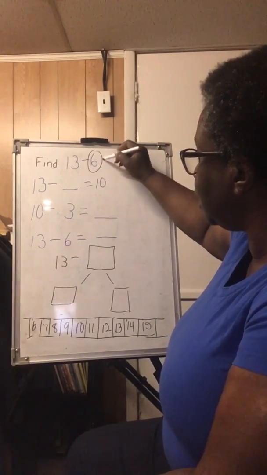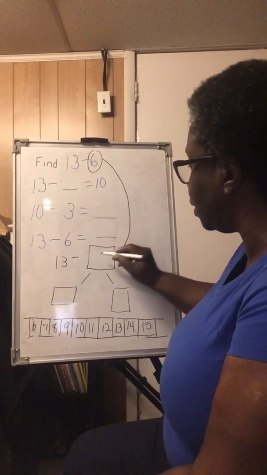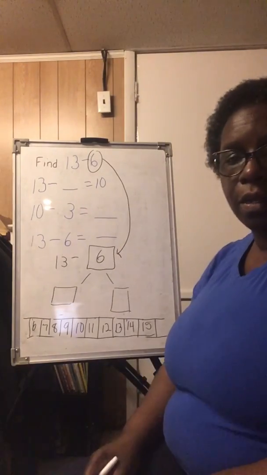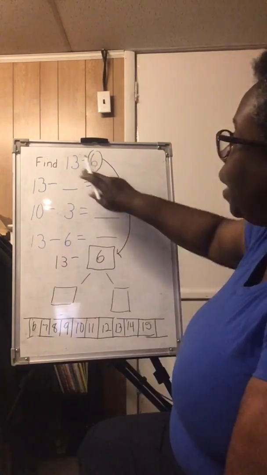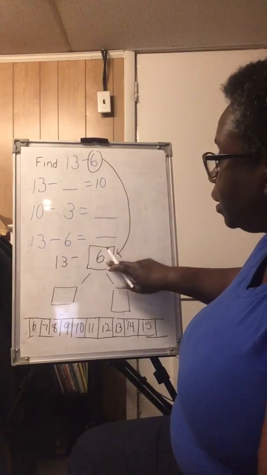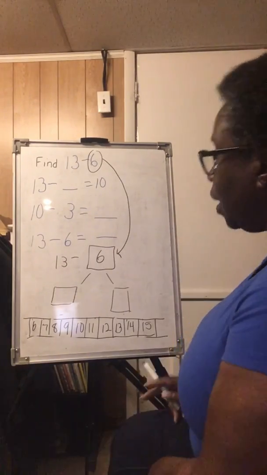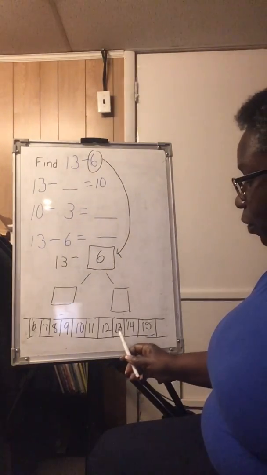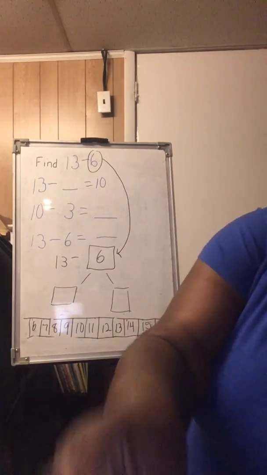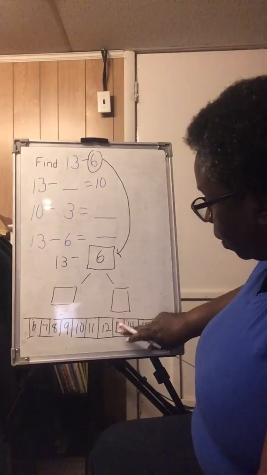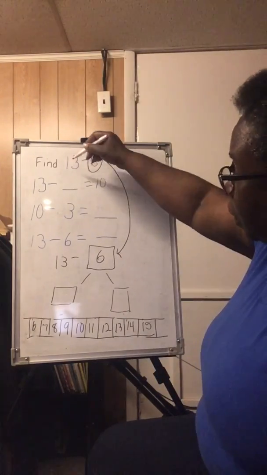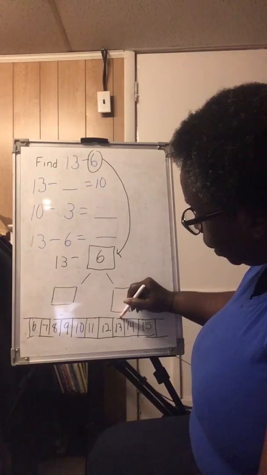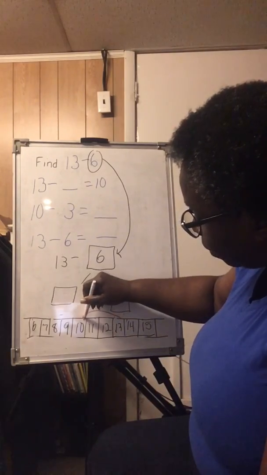So we can take this 6 and bring our 6 to our top of our number bond. Because we know we got 13 and we know we have 6. Okay? Now, 13 minus what to give us 10. So we're going from 13 this time. Let's use our red so I can tell you the difference. We're going from 13 this time because 13 is our number. 13 to 10.